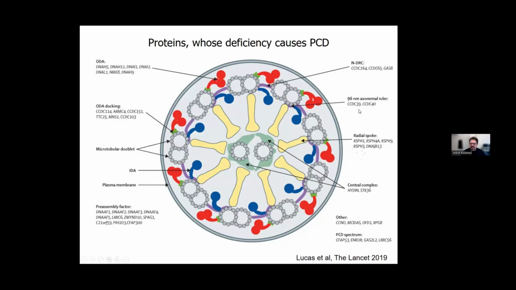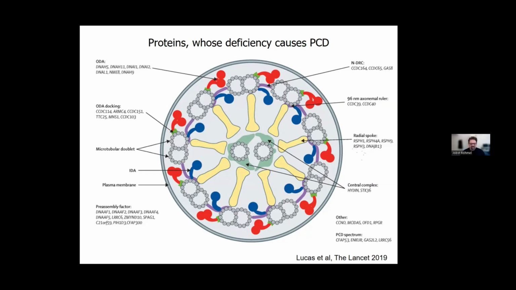And then there's the axonemal ruler, which is very important for the composition of the cilia so that it's built correctly, and when it's not there, it's not built correctly, and also the radial spokes. So a lot of proteins have already been discovered that are necessary to make a human cilium work properly. As I said, all of them can have defects and cause different types of PCD, and not all of them can cause situs inversus.